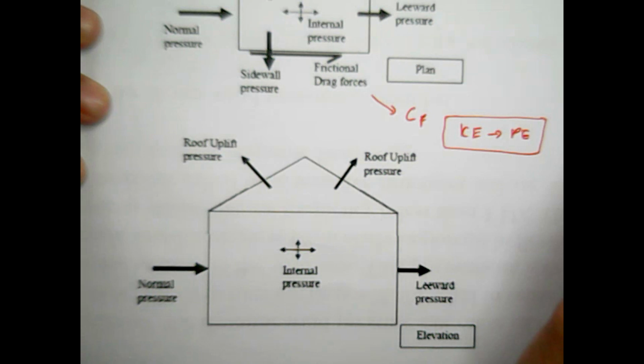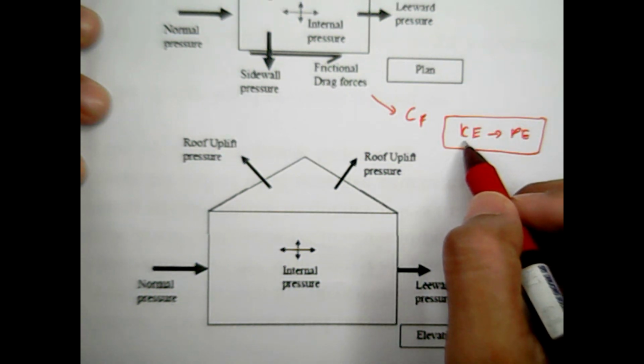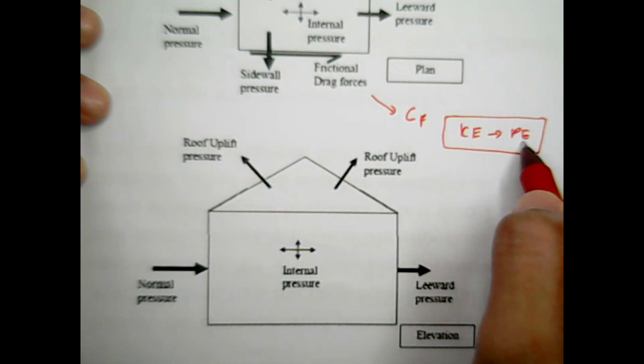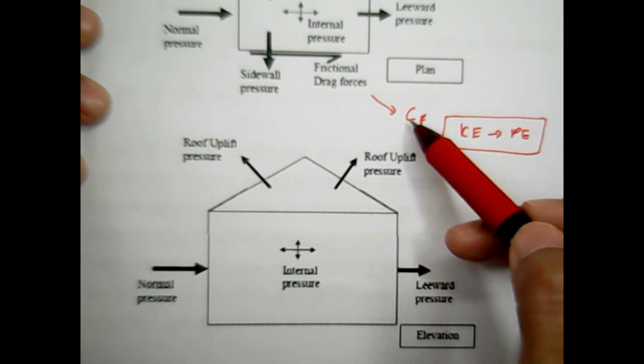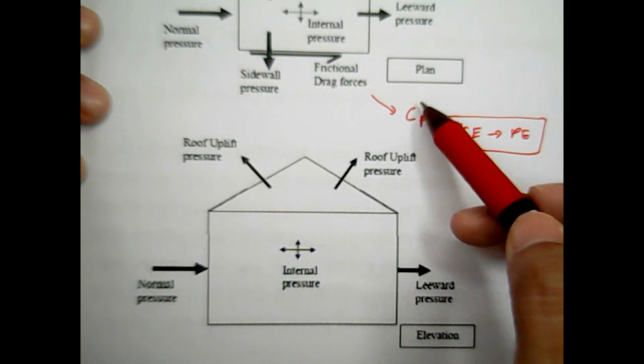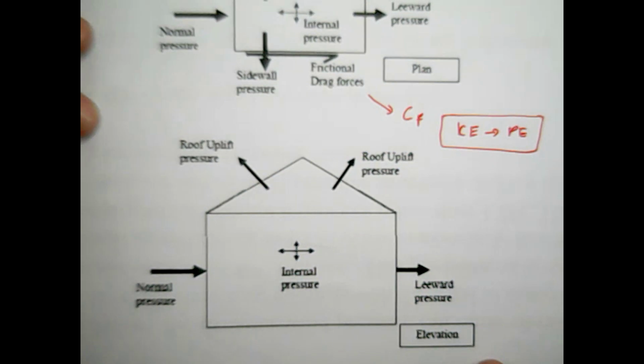As mentioned earlier, not all kinetic energy is transformed to potential energy. For those that do not transform, you need to take into consideration the coefficient factors. So apart from the earlier mentioned ones, another coefficient factor is the frictional drag forces.